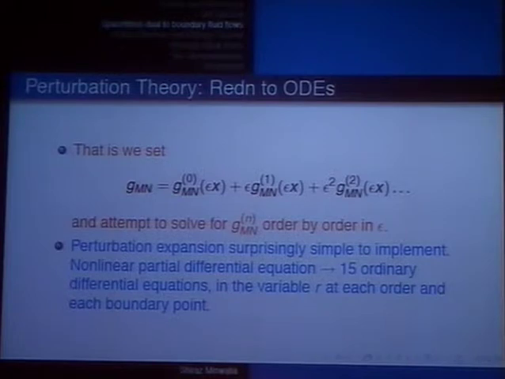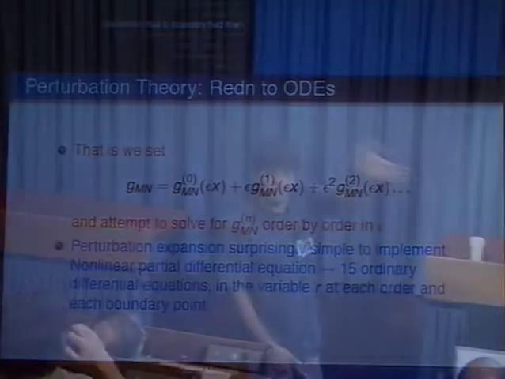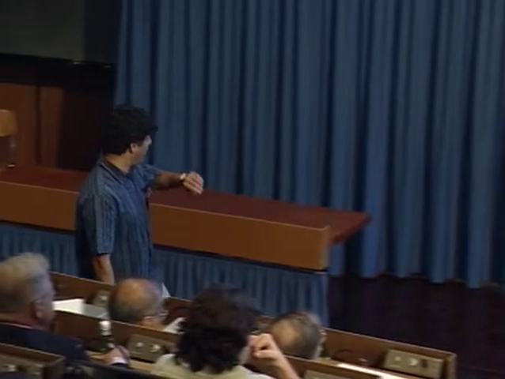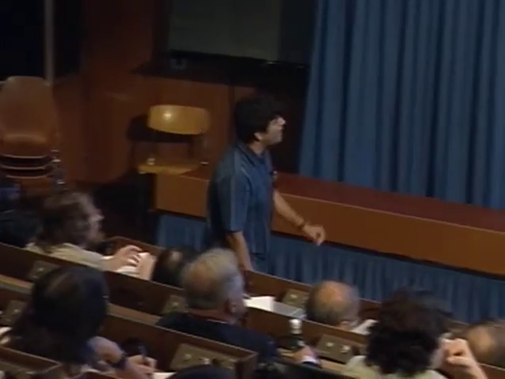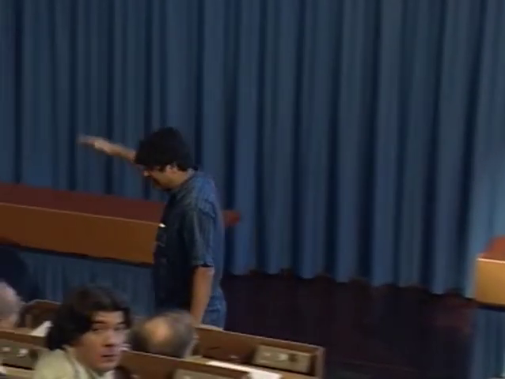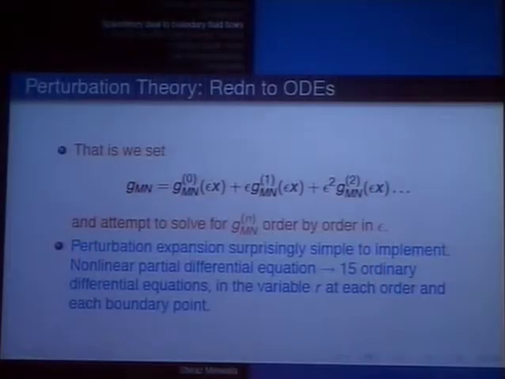Let's set the metric of our space-time to be g mu nu zero, which is the metric we had on the previous transparency, plus unknown corrections, parameterized by this epsilon of x, and attempt to solve for this g mu nu of x order by order in epsilon. It turns out that this perturbation expansion is surprisingly simple to implement. The nonlinear partial differential equations of Einstein's equations, in this perturbative scheme, order by order, reduce to 15 ordinary linear differential equations in the variable r.